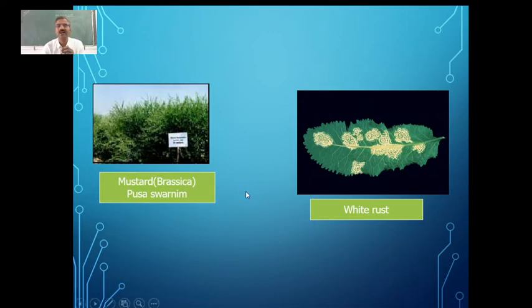This IARI has contributed a lot in the research field to develop these new varieties of plants against these diseases. You can see the white rust here, and this affects the plants to a greater extent, and Pusa Swarnim is the variety. These variety names are very important.